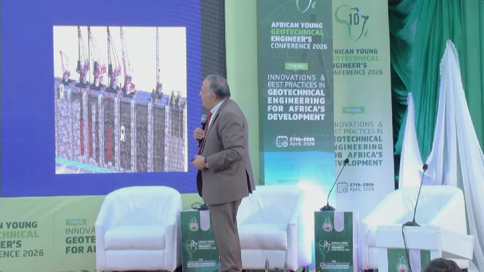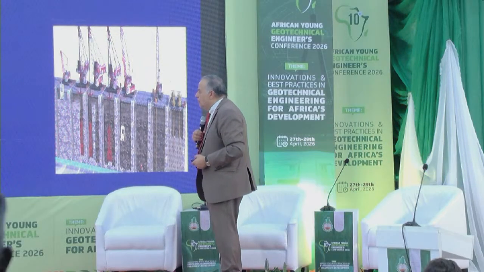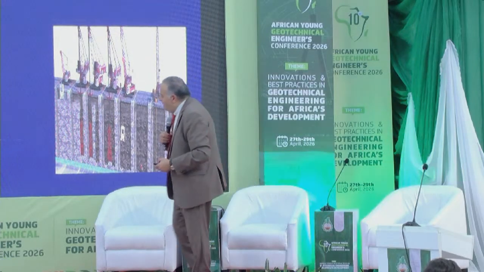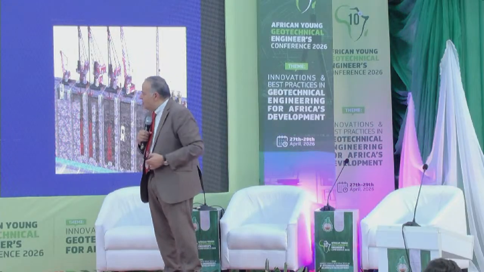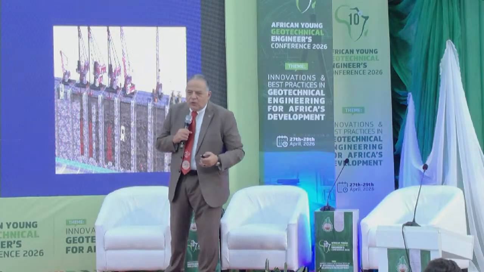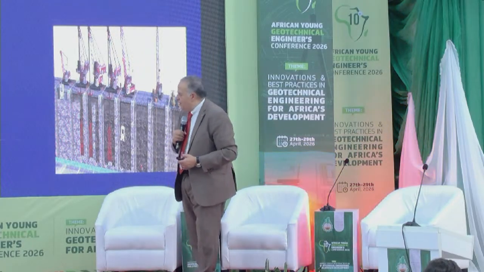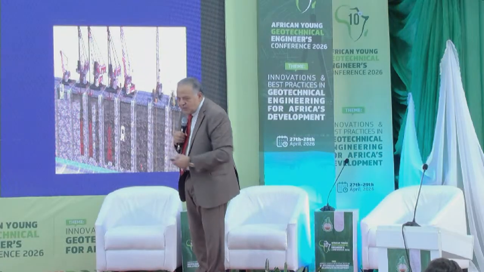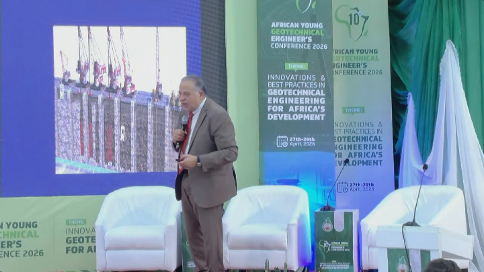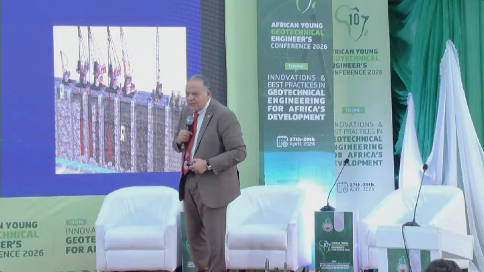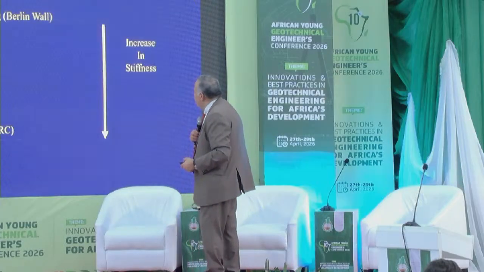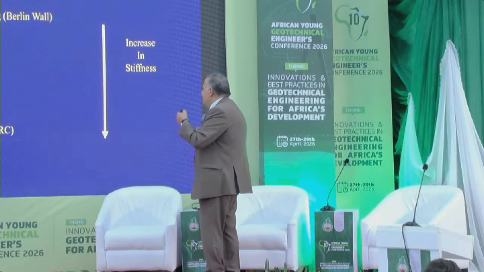And then we have the diaphragm wall, a reinforced concrete wall. As you can see, we can have several thicknesses of the wall depending on the machine or the equipment that you are using to excavate. We have 0.6 meter, 60 centimeter, to about 120 centimeter in thickness.